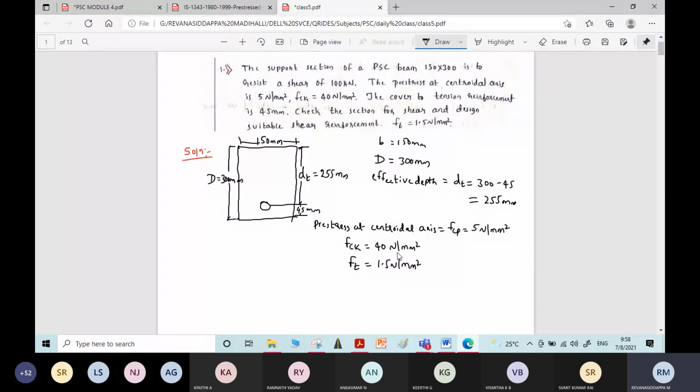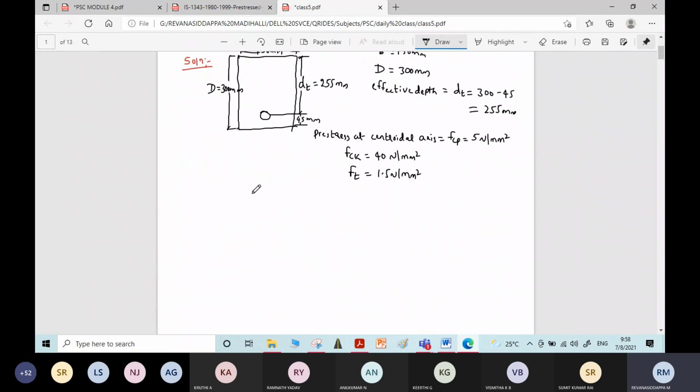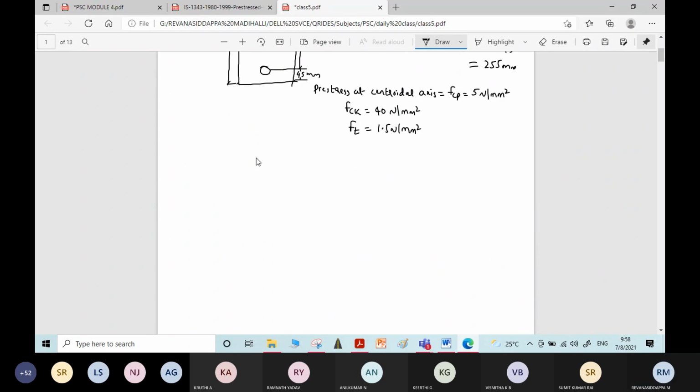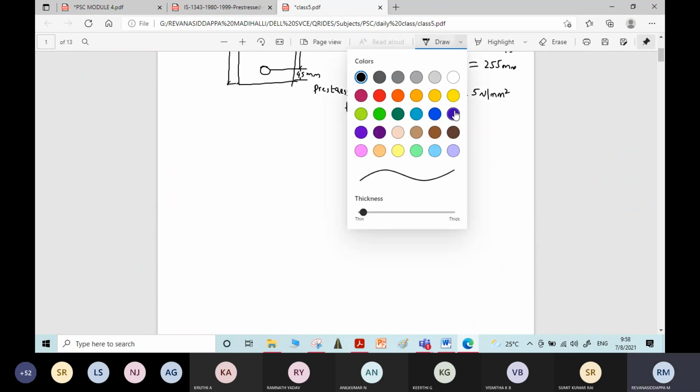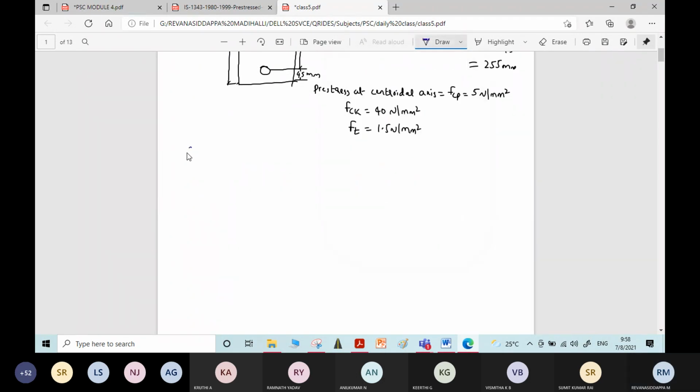Now we will follow the steps. What is the first step? We need to find VC naught first. Before that, you find the factored shear force, the external shear force.